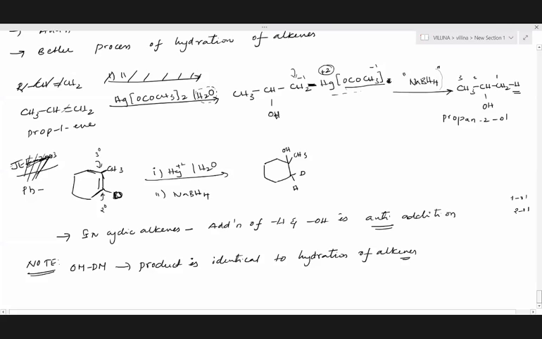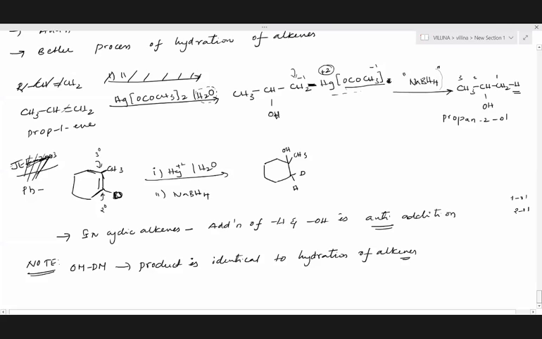In the sense, H plus will be added from one plane, OH will be added from the other plane. So anti-addition. Just make a note, that's it. No further details are necessary for this one. So this is the same thing.